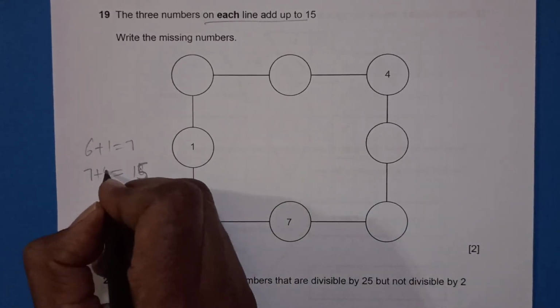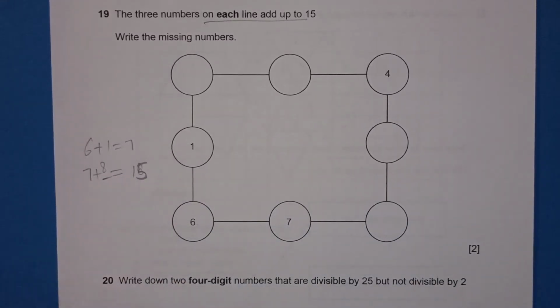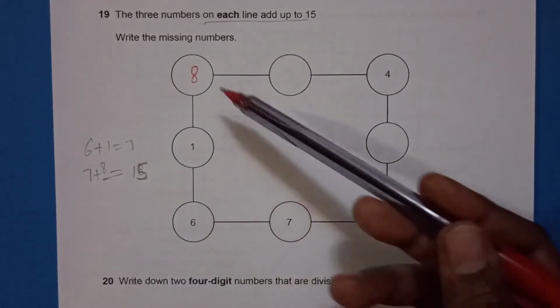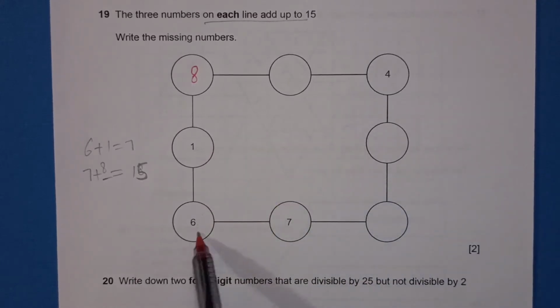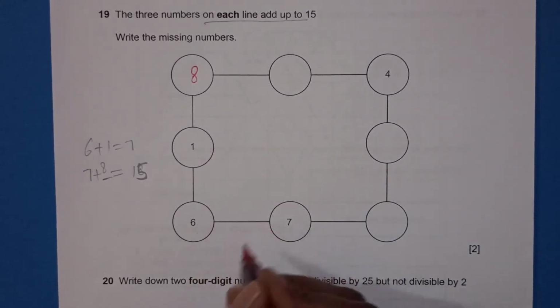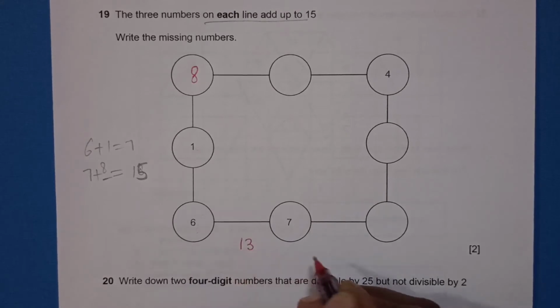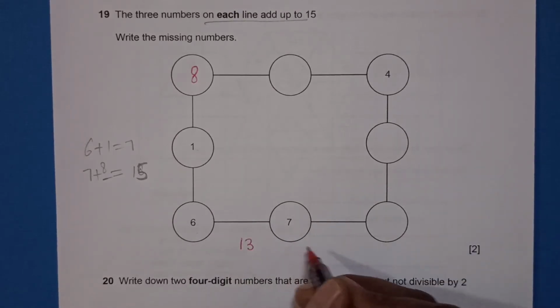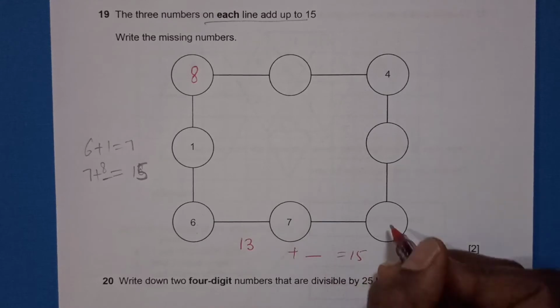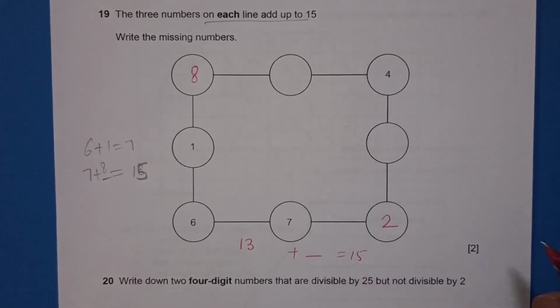That is 8. 7 plus 8 is 15. So we should have number 8 here. We started from this side because we already had 2 of them. Now this side, 6 plus 7 is 13. We need a total of 15. So 13 plus what gives you 15? That is 2. So this will be 2 here.